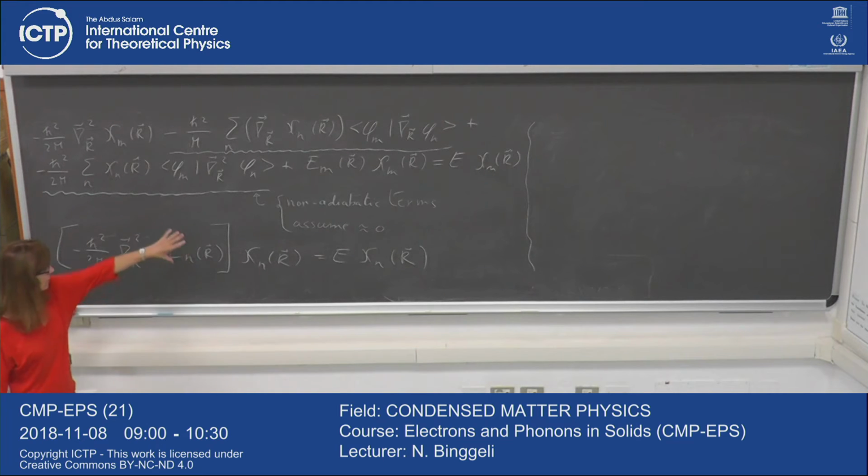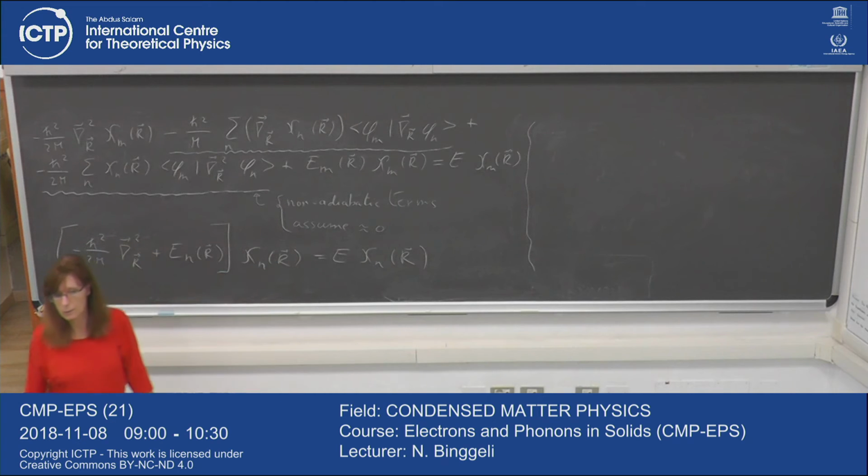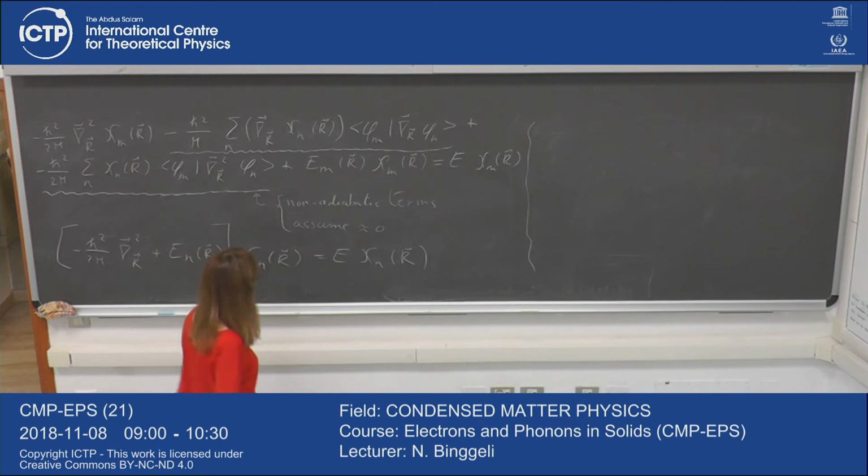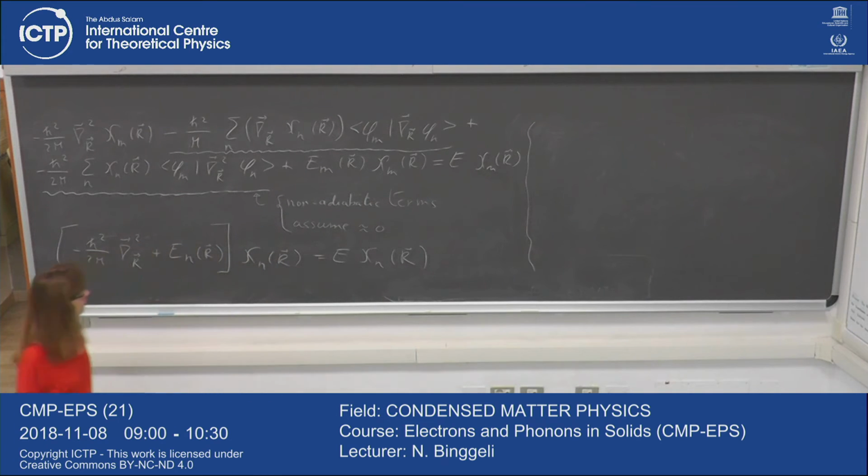So we have an equation from which we will get the eigensolution for the nuclei, where the potential is actually obtained from the solution of the electronic problem, which is the eigenvalue of the electronic problem. That depends parametrically on the position, but now it essentially gives us our potential.